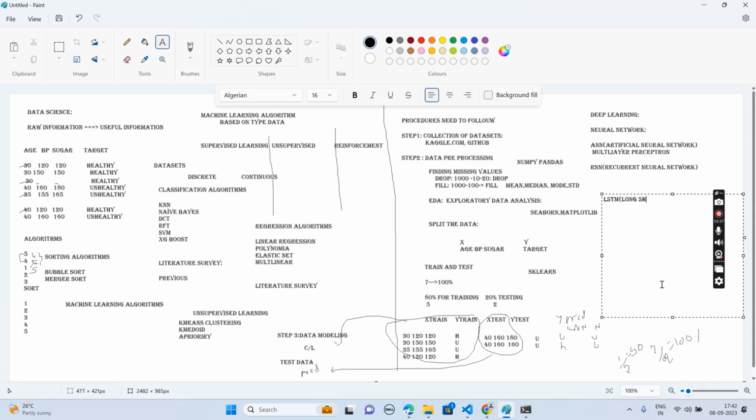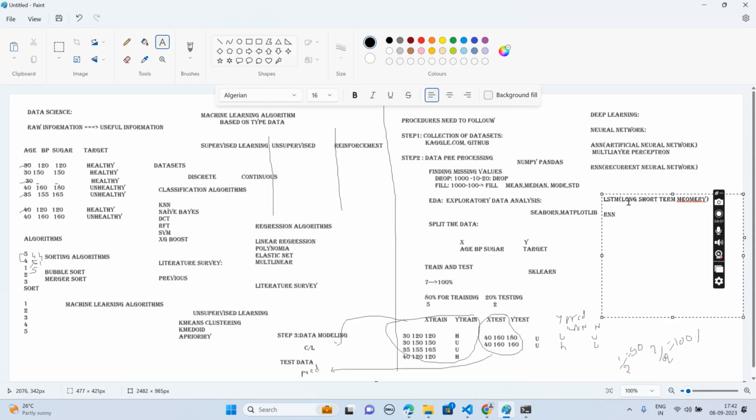I use this algorithm when I have continuous data sets, like stock market. This algorithm comes under RNN only.